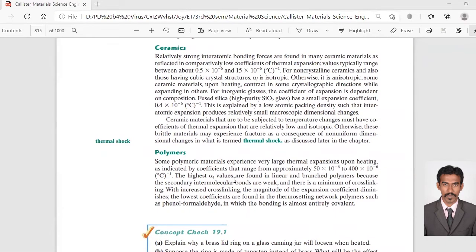The highest alpha values are found in linear and branched polymers because the secondary intermolecular bonds are weak. I told you, if the structure is to be strengthened, then interconnecting chains must be there and aromatic links should be there. With increased cross-linking, the magnitude of the expansion coefficient diminishes.